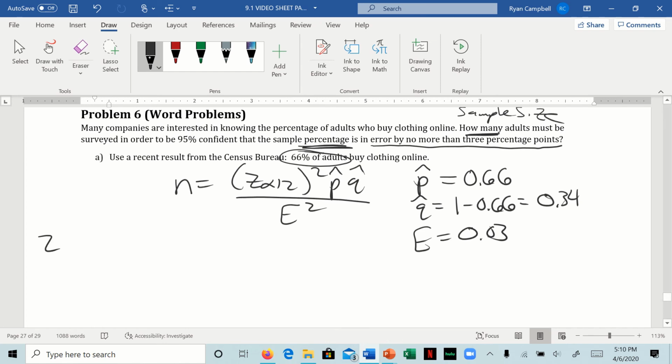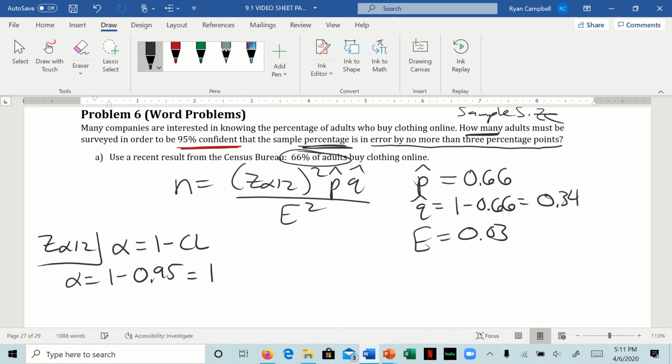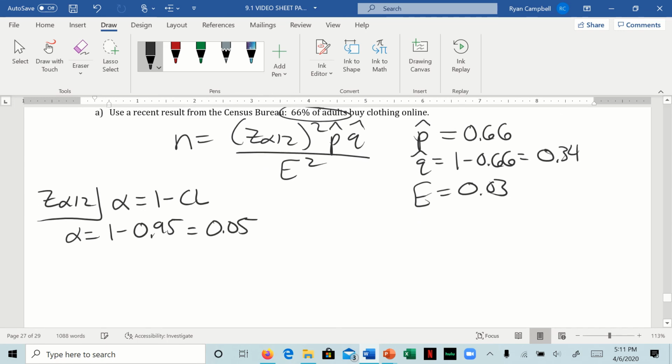All right. So now let's just find our critical value, which we've been doing. It's easy, right? So alpha, we said, was 1 minus the confidence level. How confident do we want to be? This time we want to be 95% confident. So alpha is 1 minus 0.95, which is 0.05. But do we want alpha?